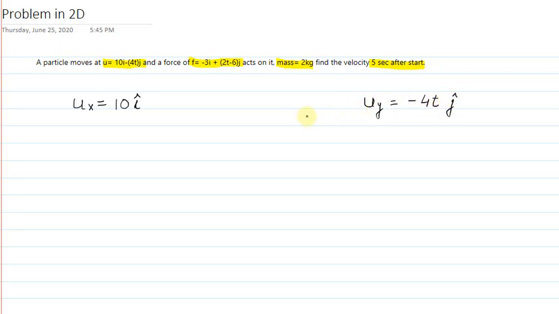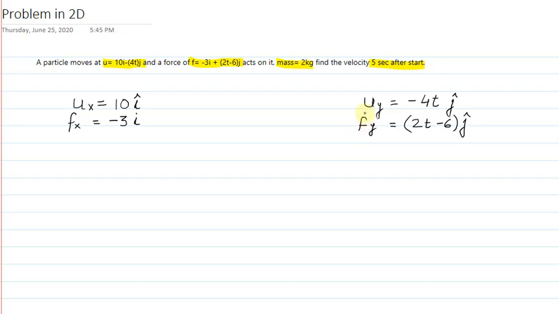Then we are given the force. The component of force along the x-axis is -3i, and the component of force along the y-axis is (2t - 6) j cap.